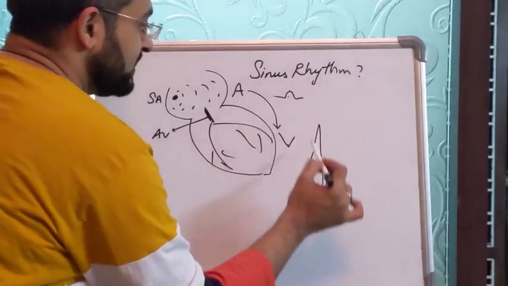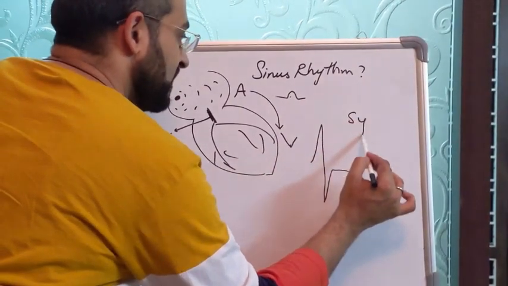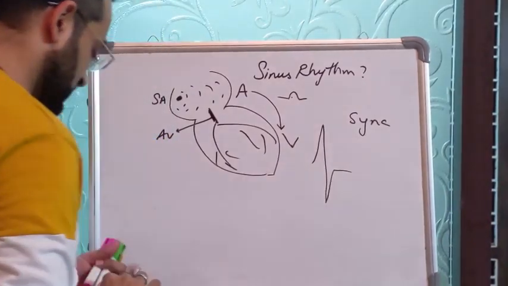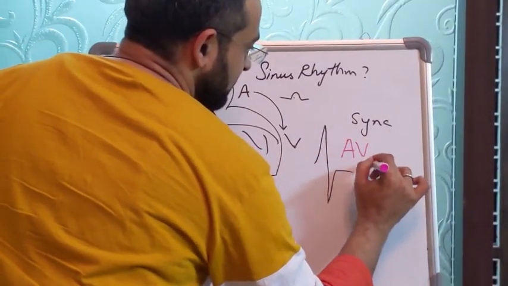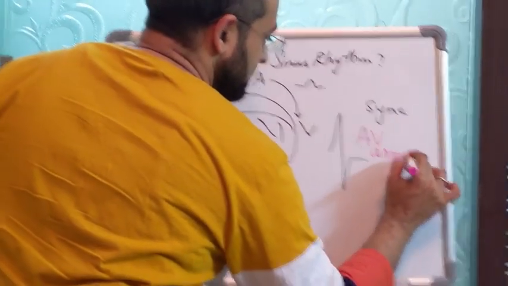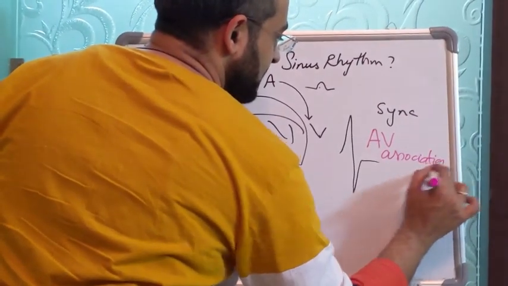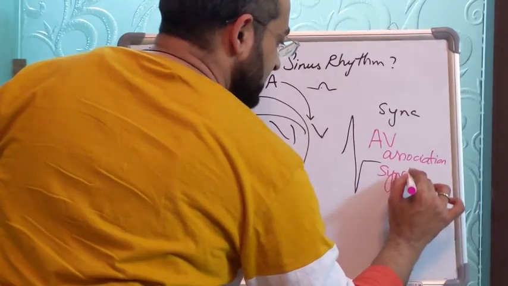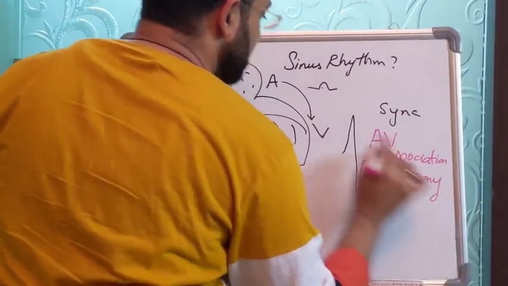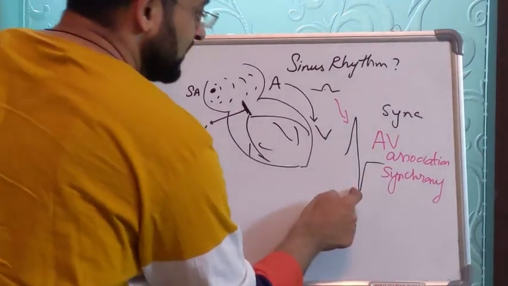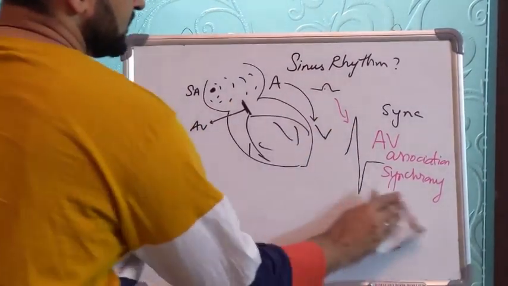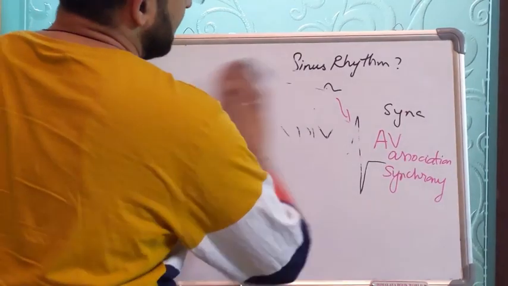So this P and this QRS are in sync, or in other words, this is known as AV synchrony or AV association, meaning that this P is married to this QRS and this QRS would not have occurred in the absence of this P wave. So when you say sinus rhythm, that is what it means.